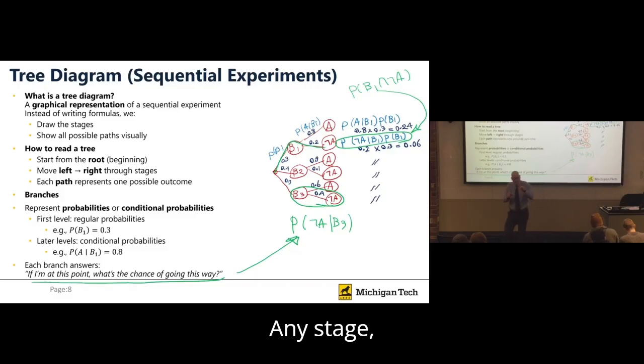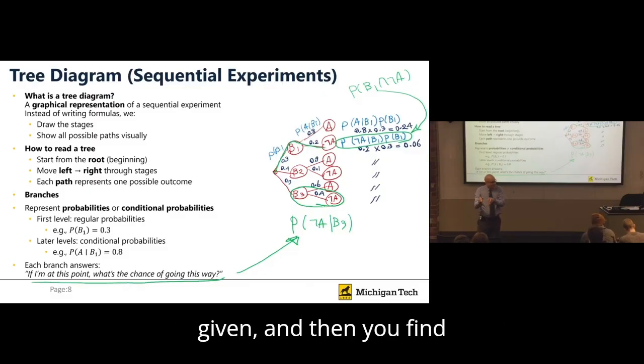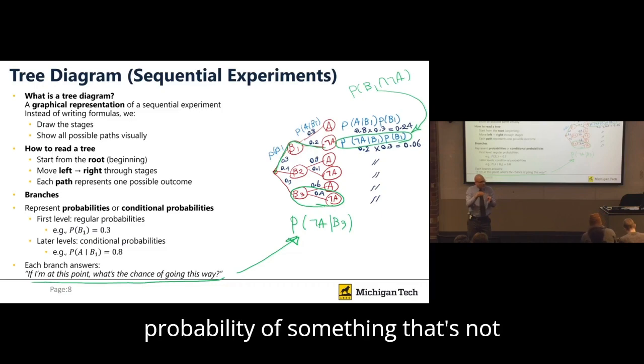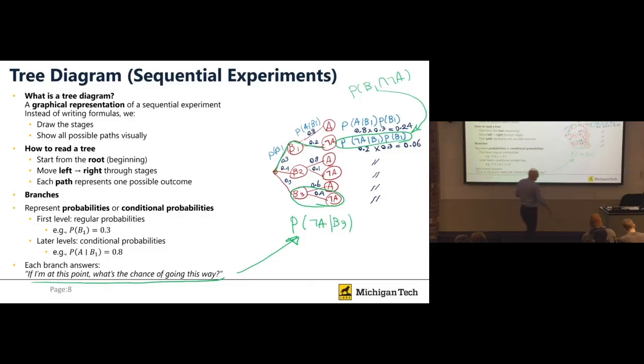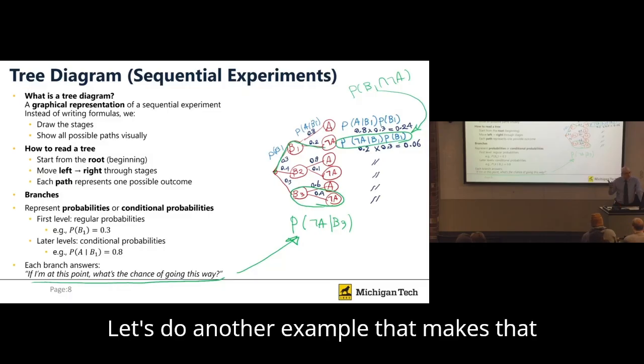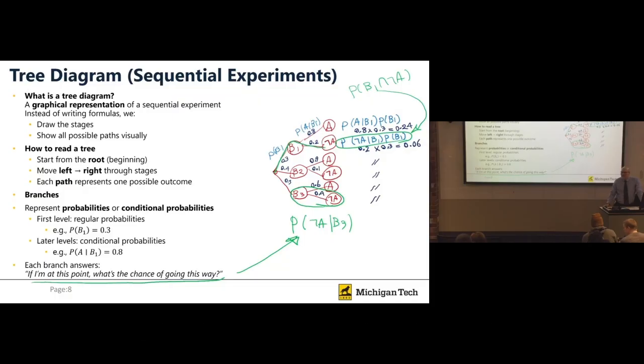In any stage, you consider that stage as something given, and then you find the probability of something that's not given, given something that is given. Okay. Let's do another example that makes that more tangible. Any questions?